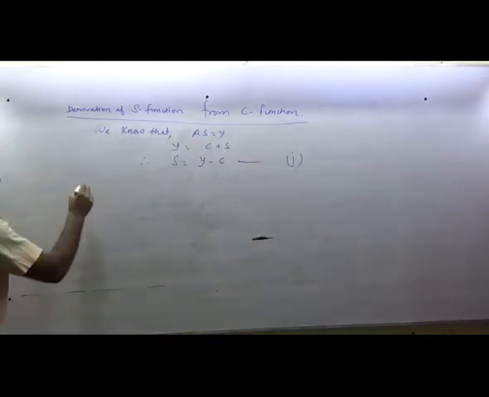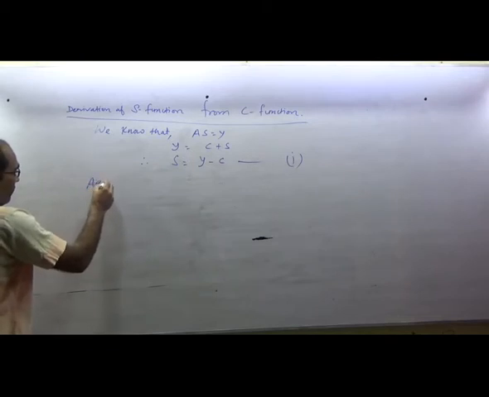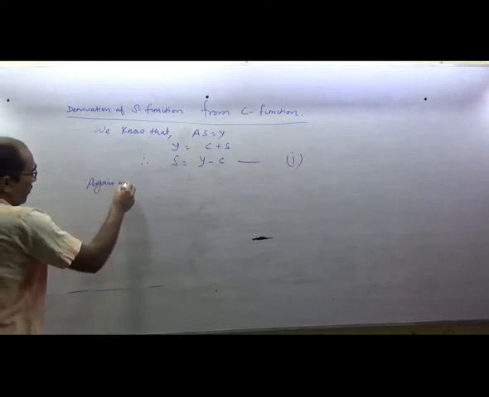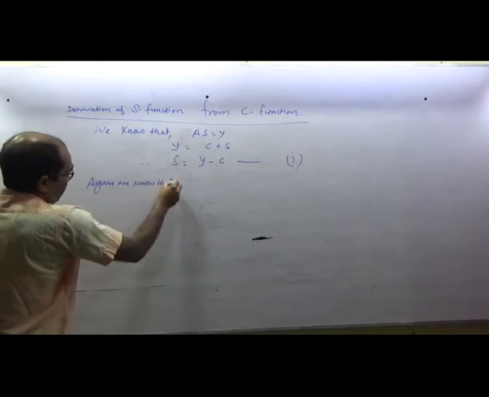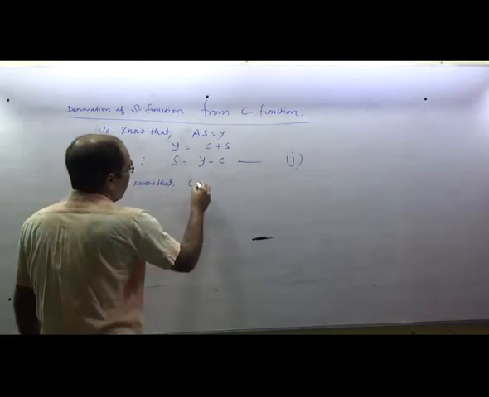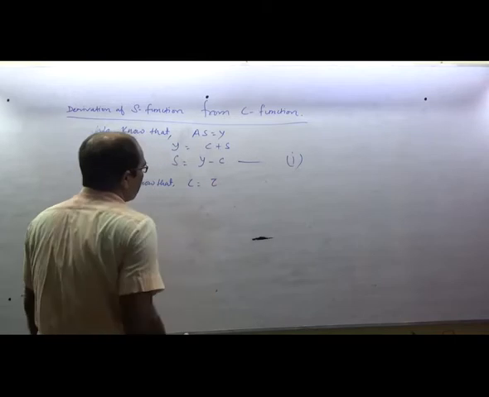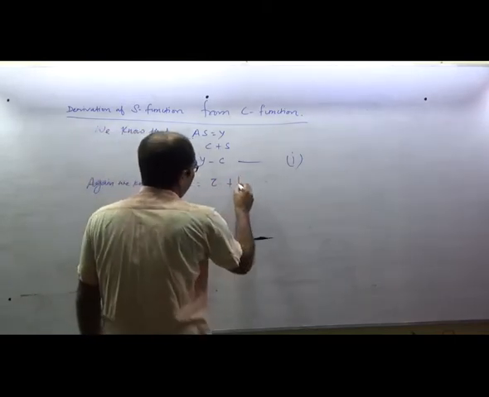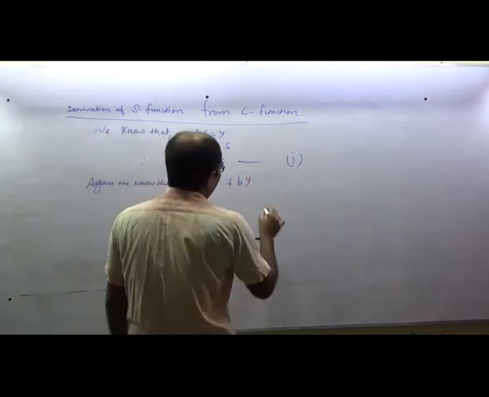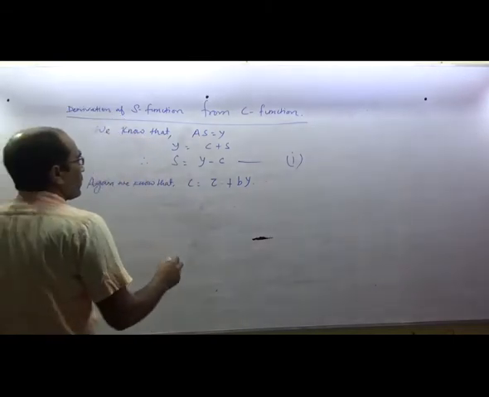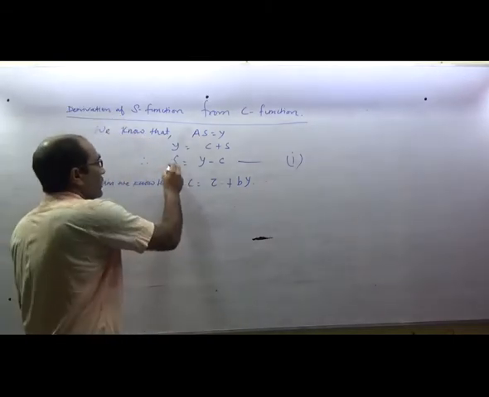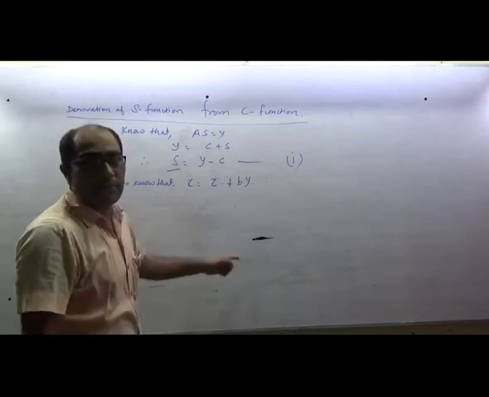Again, we know that C equals C bar plus bY. So, to calculate the value of S, what do we have to do?